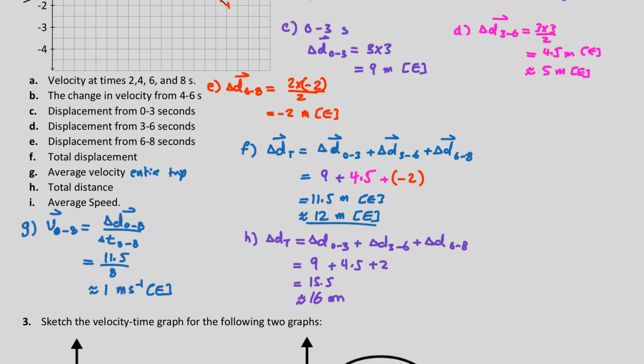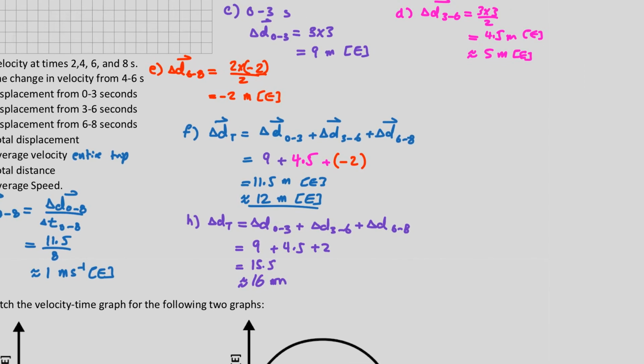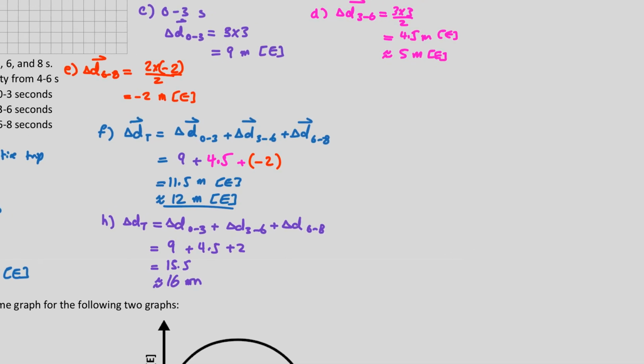And to find the average speed, I have to take the distance, so I'll do that here. For the average speed between 0 and 8, I will take the distance from 0 to 8 and divide it by the time from 0 to 8. That's 15.5. Again, I use the exact value, not the rounded one, in order to get proper values.